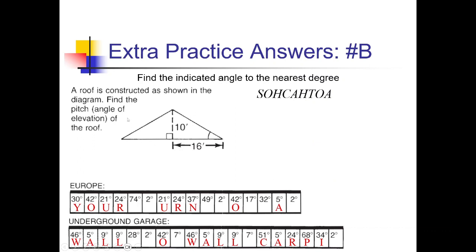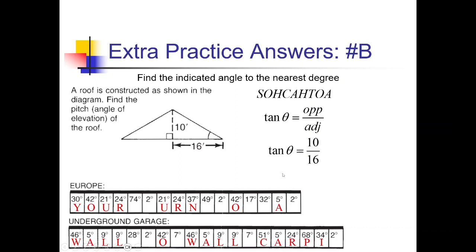On this one, we have a roof constructed like the diagram shows. We want the pitch, which is the angle of elevation of the roof. Oh, good to know. I didn't know that's what that was called. So we've got the opposite side, and we also have the adjacent side, not the hypotenuse. So that's going to be TOA, tangent. So we can write tan of theta equals opposite side 10 over adjacent side 16.